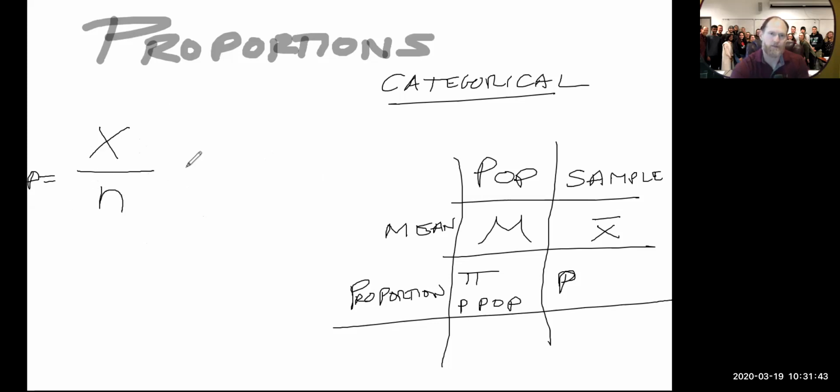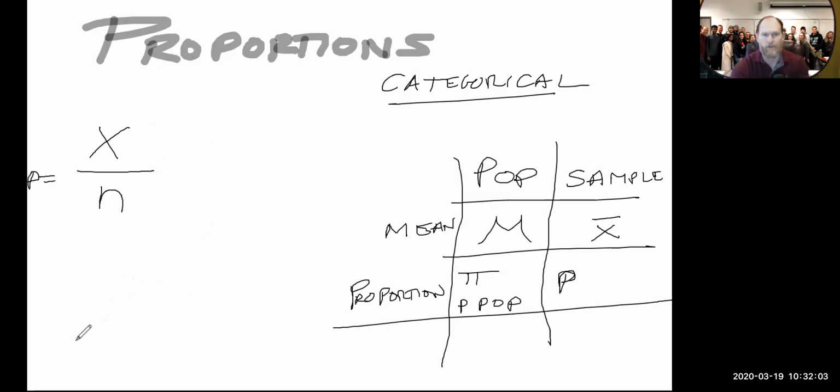And so we need to think broadly. This could be a yes or no question. Would you like Metallica to come? Yes or no? This could be, would you like Metallica or Slipknot? And so X is maybe the amount of people that wanted Metallica.